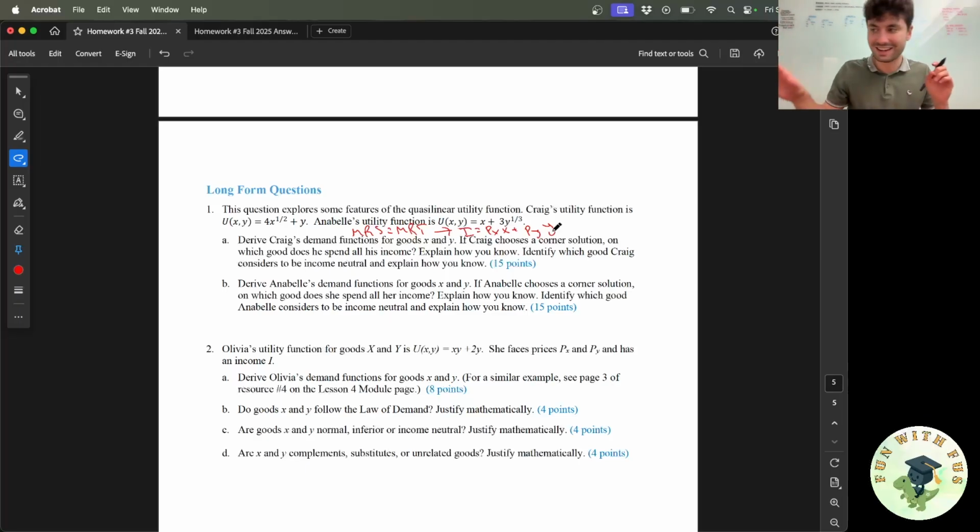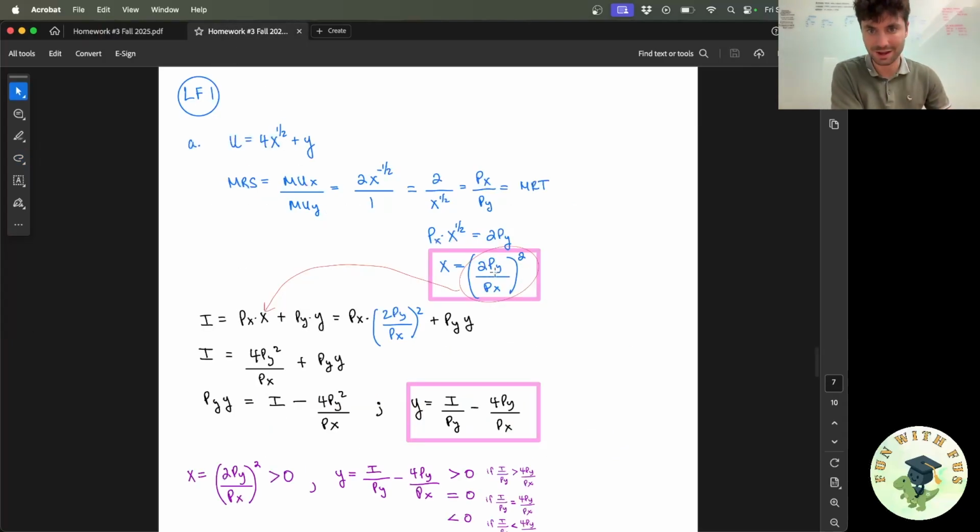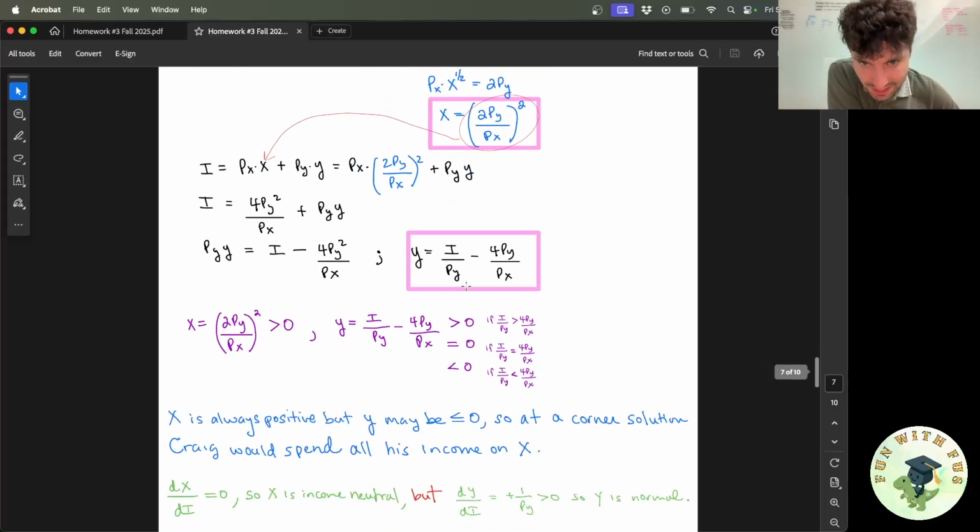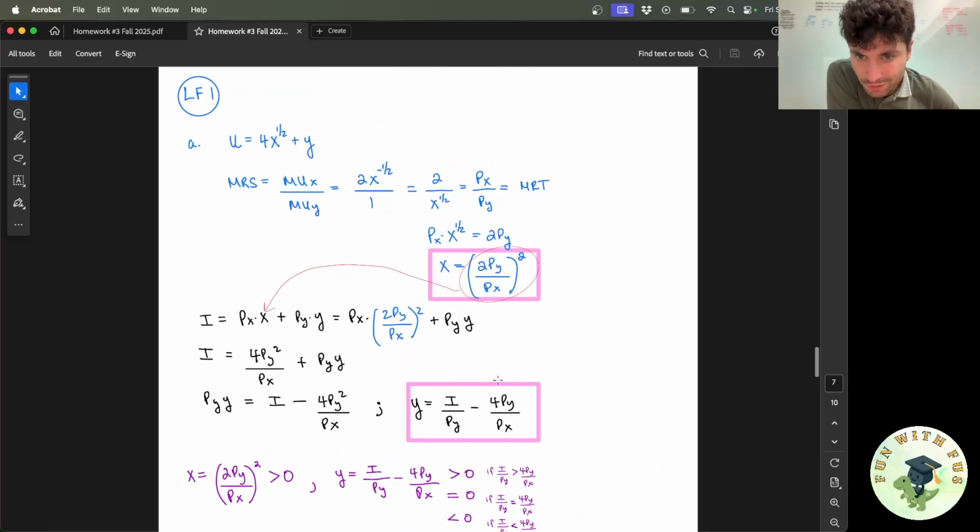I would substitute in, isolate, and get the other in terms of, oh, actually, this is a perfect time for a lesson about a demand function. So when we're taking these, it is very important why we substitute into the budget equation, because I want to make sure that the variables are not defined in terms of each other.